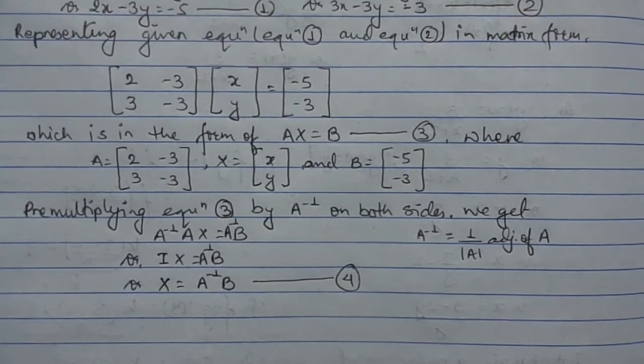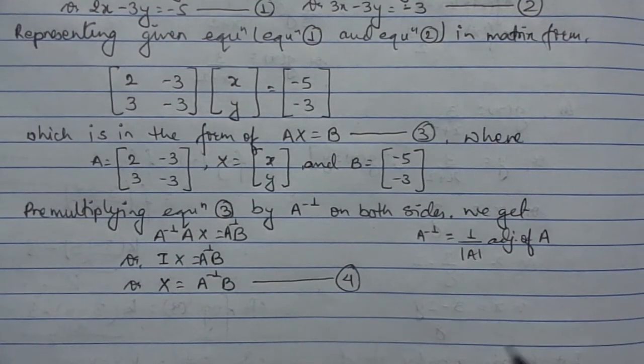First we need to find the determinant, because the determinant determines whether we can find A inverse or not. If the determinant is non-zero, then we can find A inverse.